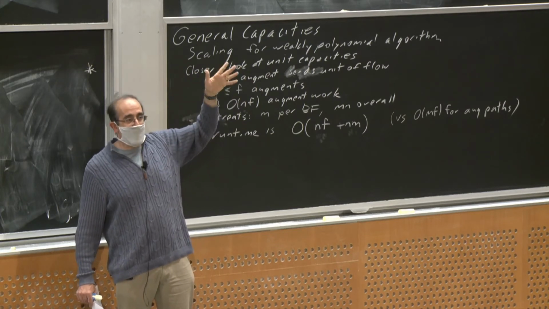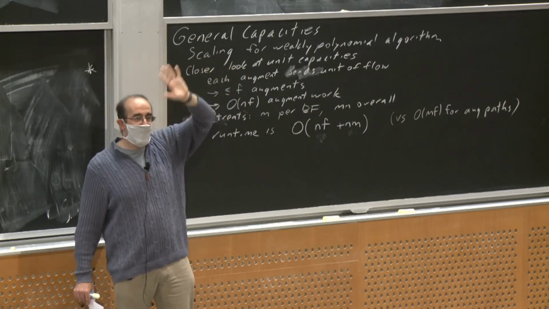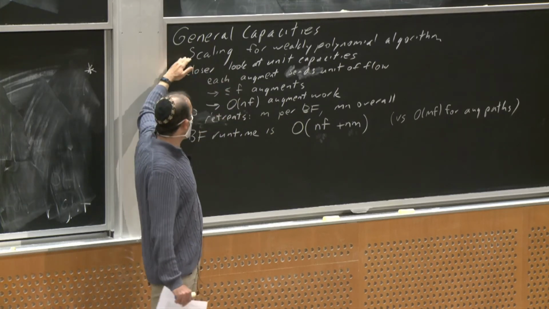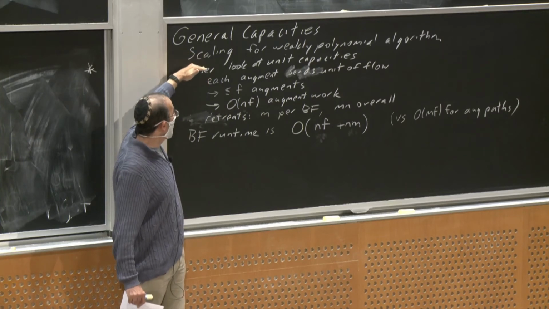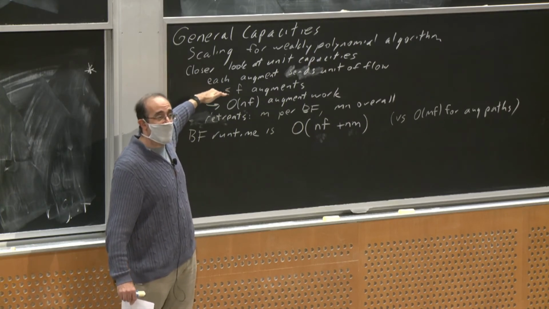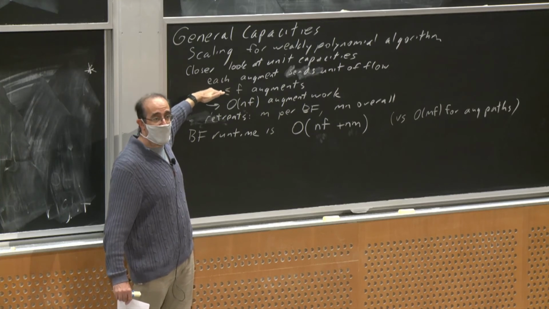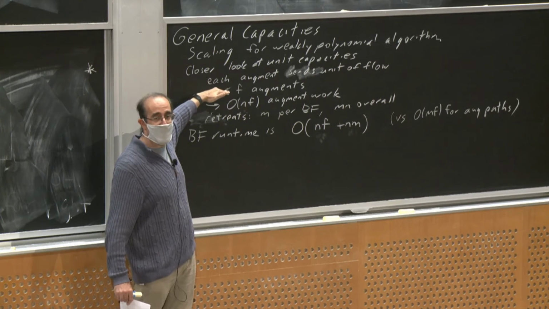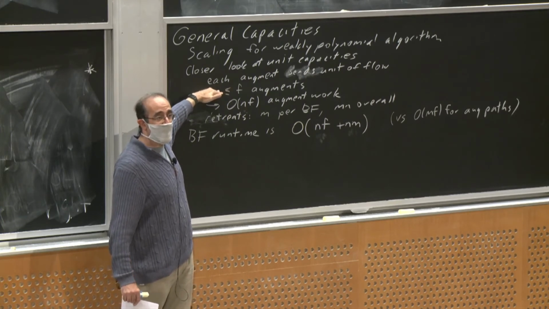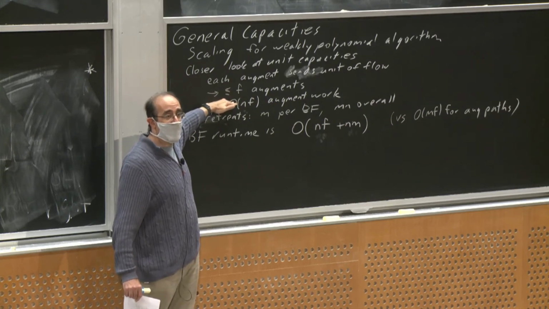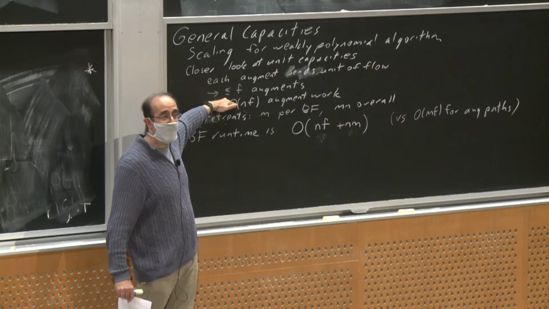And so we can no longer say that the total work of the augmentation is order m. But we can still say, since every augmentation sends a unit of flow, that we can charge the work of augmentation along those n edges to the unit of flow that we sent. And that means that the total work, even in capacitated graphs, is order nF for doing augments.